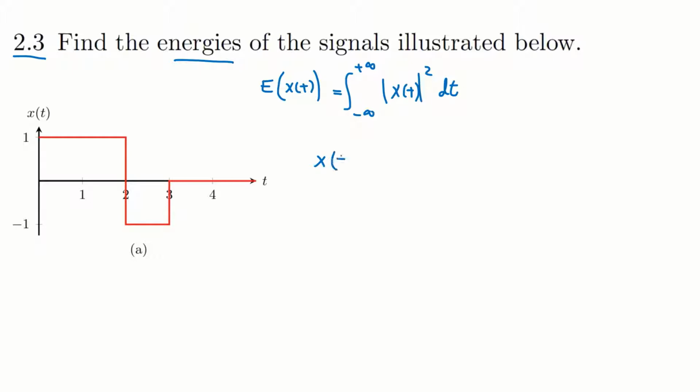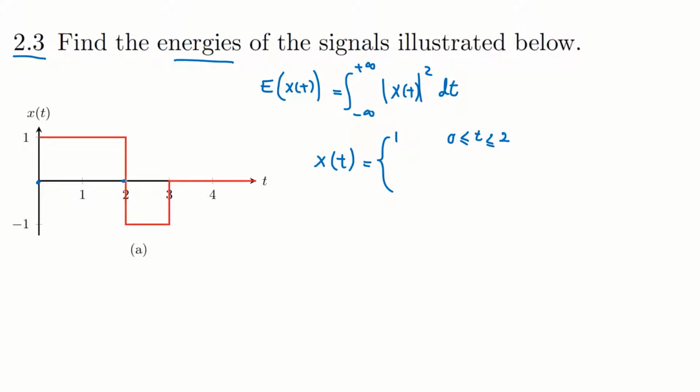Well, based on this diagram, we can say xt, from the time 0 to 2, the value of the xt is 1. So xt is 1 if time is between 0 and 2.